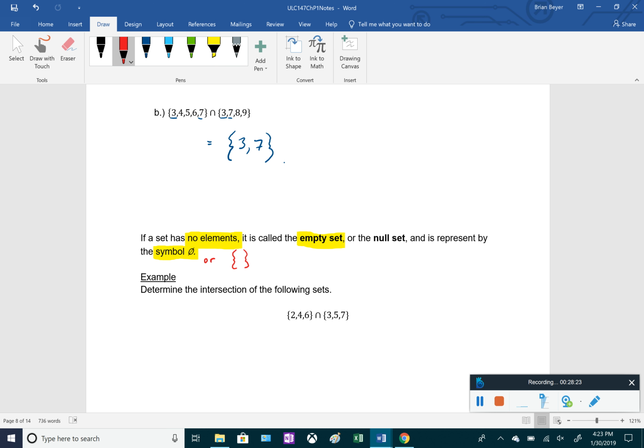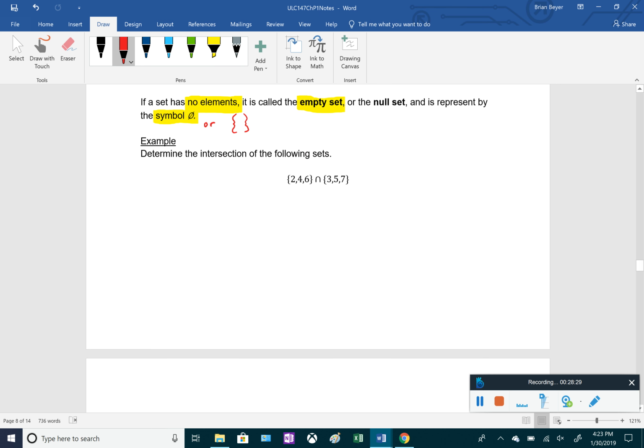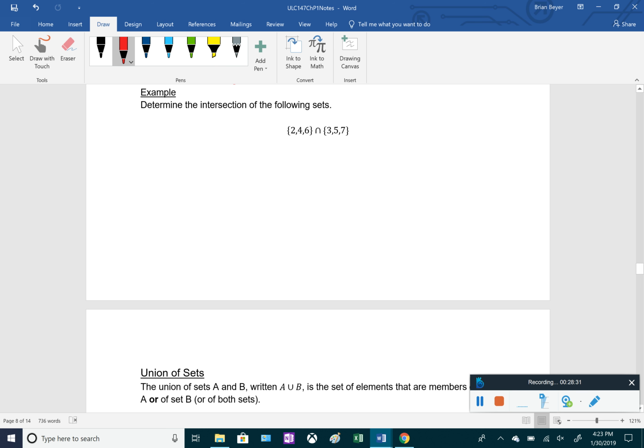Obviously, that one doesn't look as good to me personally, so I just like using the other symbol. So for example, if we try to determine the intersection of these sets, 2, 4, 6 and 3, 5, and 7, we're saying what do they have in common? They have nothing in common. So the answer is the empty set. The intersection of these two sets is the empty set because they have no elements in common.